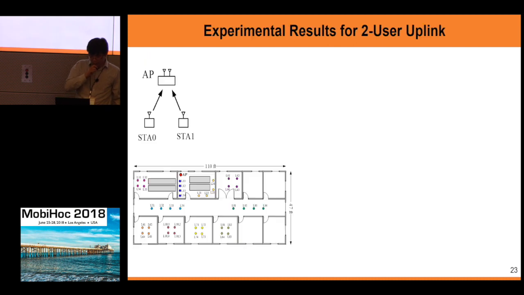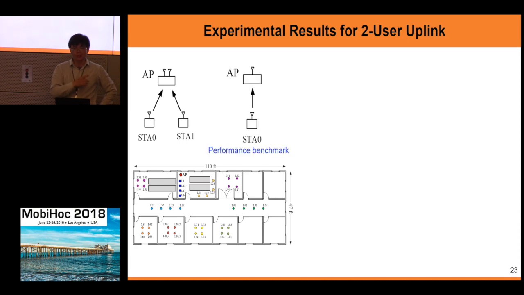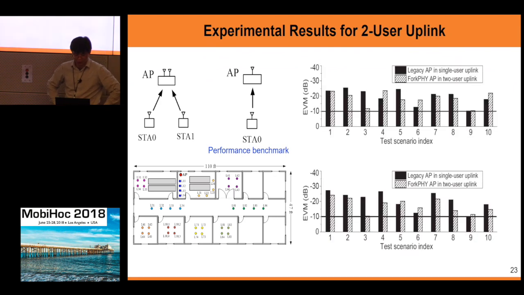And then we look at the result for 10 different locations, and again, we use the single-user case as the performance benchmark. Here is our performance result. The x-axis is the scenario index, 10 locations, so it's 10 scenarios.